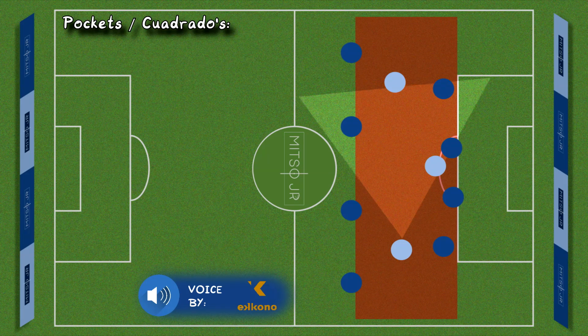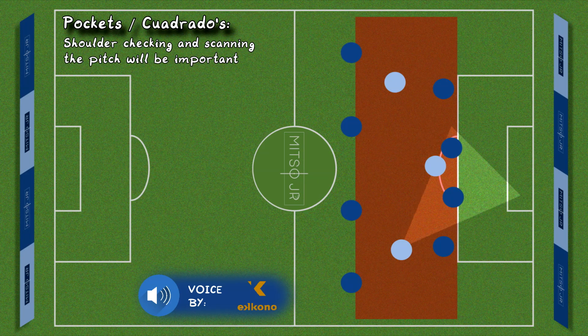One of the key ideas when you are in the pockets is to turn your head, to try to perceive what is going on around you, to be able to turn, to be able to face the opening goal.